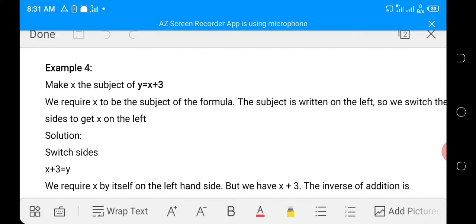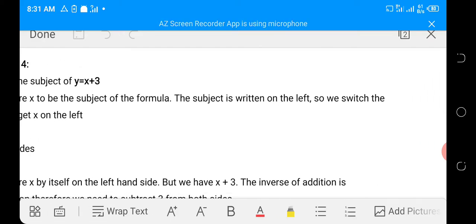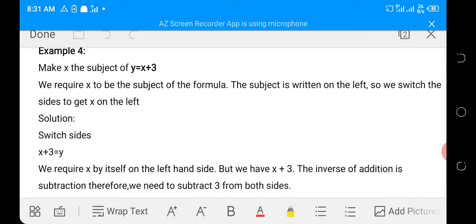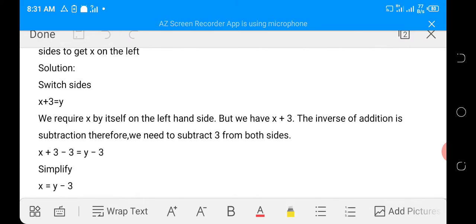The subject is written on the left, so we switch the side to get x on the left. Solution. Let's switch the side. That is, we rewrite the formula in such a way that we have x at the other side. So we have x plus 3 is equal to y.